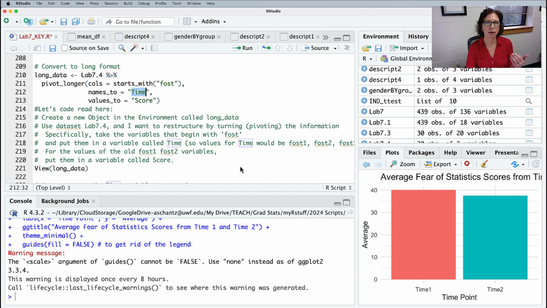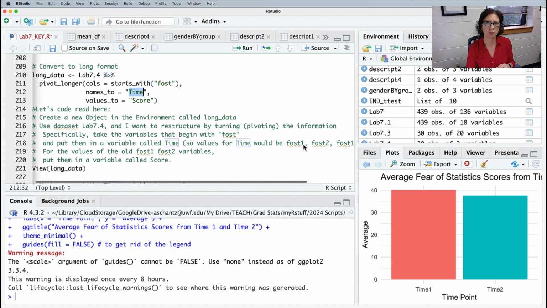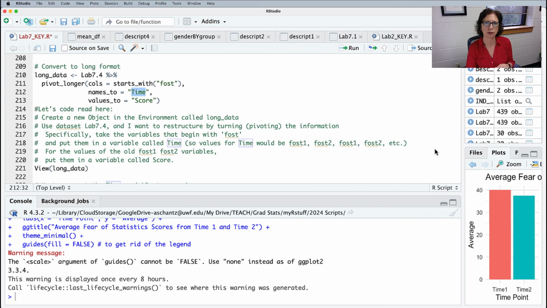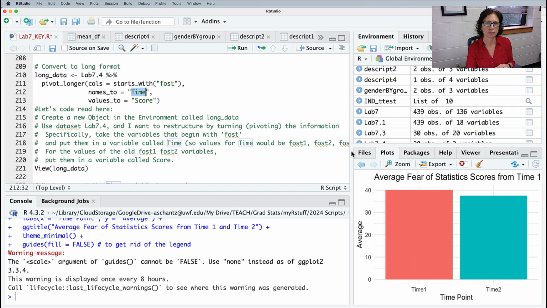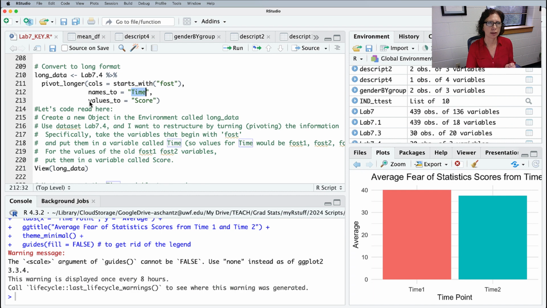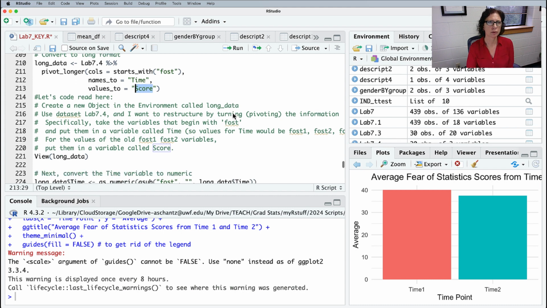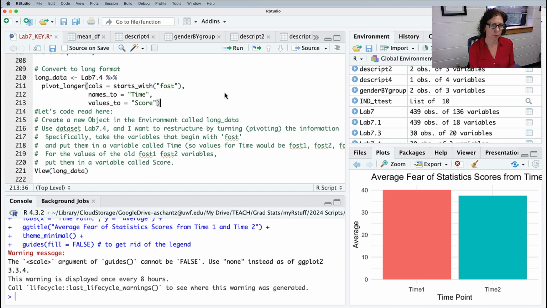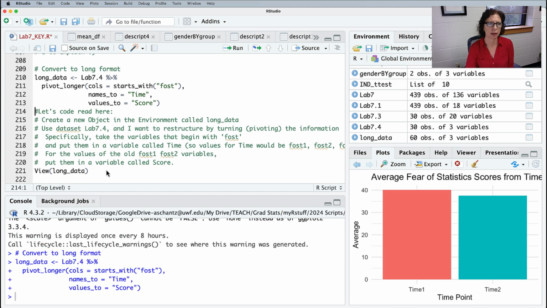So then the values in that time variable would be FOST1, FOST2, FOST1, FOST2, FOST1, FOST2, and so on. And then take the values of FOST and put them into a variable called score. So whatever value it had, it's now going to be pivoted over and put into a variable named score in this turned table. So let's run that and we'll take a look at what this looks like one step at a time.